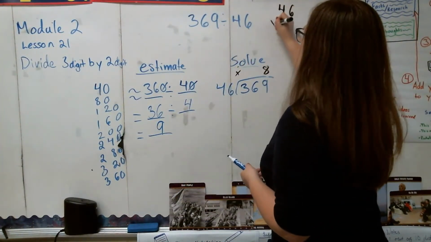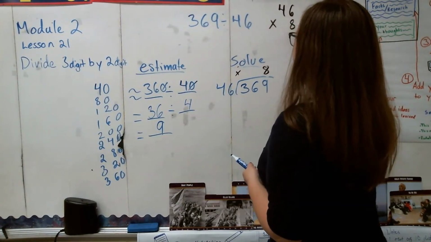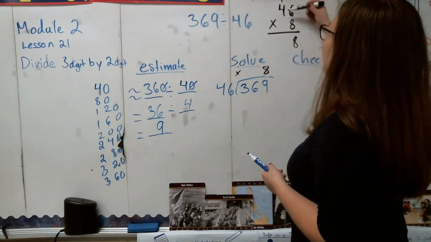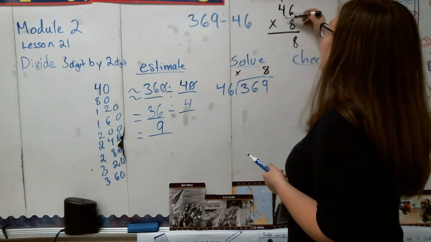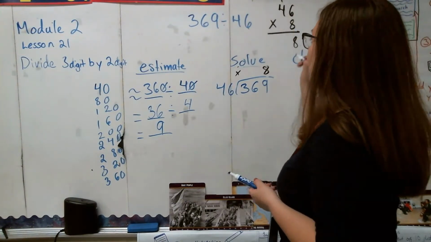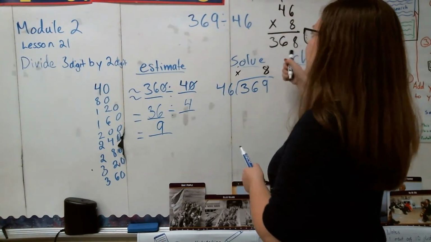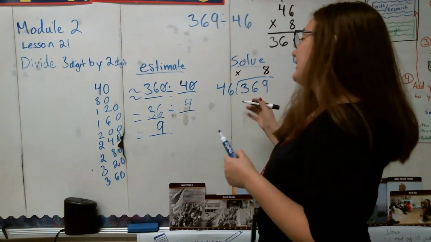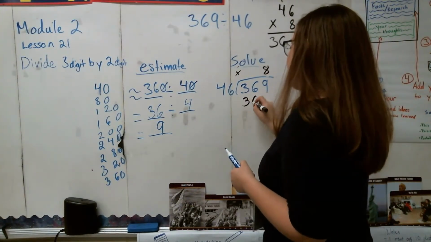So we can do 46 times 8. 6 times 8 is 48. And then 4 times 8 is 32. And 32 plus 4 is 36. And 368 fits almost perfectly into 369.